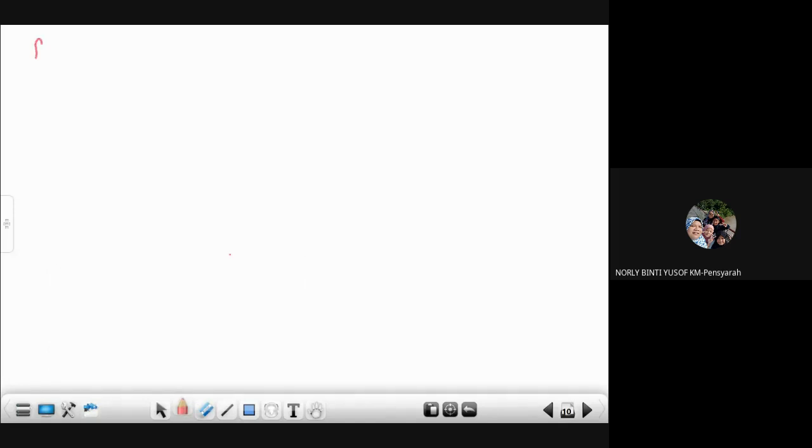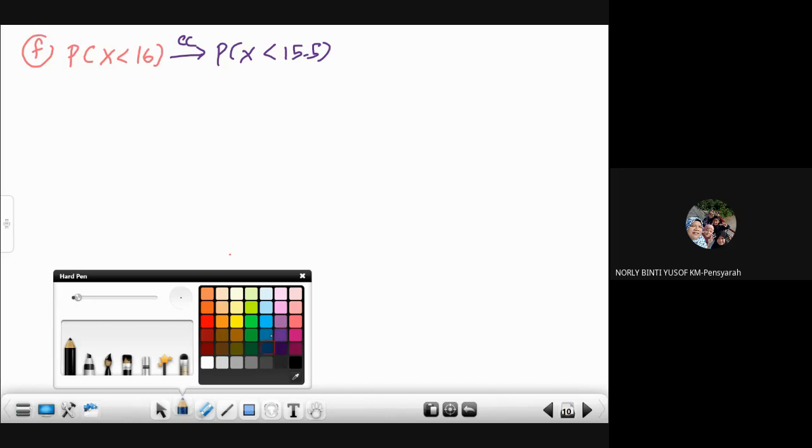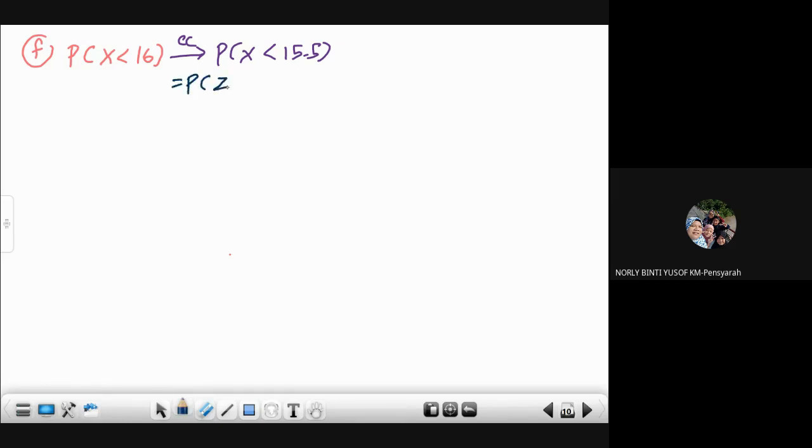Okay, so tengok pada F. F pun sama, lesser than 16. So buat continuity correction. Lesser means minus, so tinggal 15.5. Lepas tu barulah standardize. Score Z based on your mean and standard deviation. So you akan dapat Z lesser than negative 2.07.